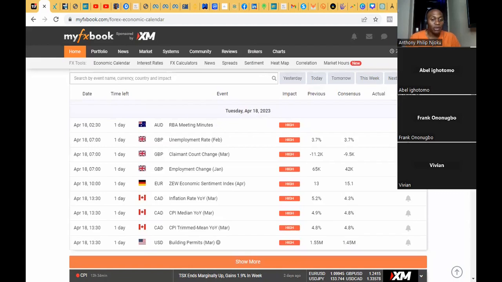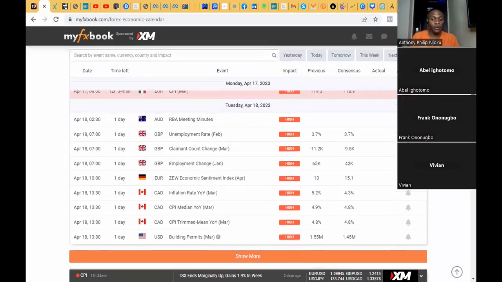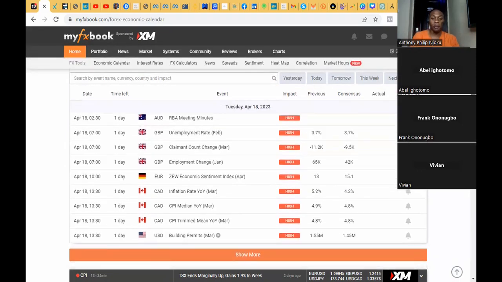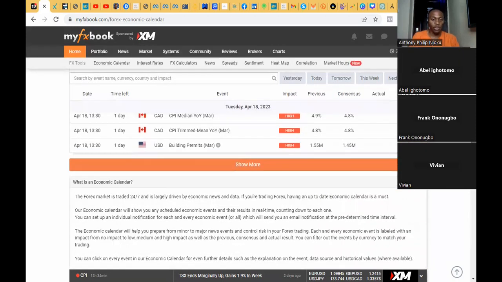Then we have high impact news by 1:30 on CAD and 1:30 on dollar. That is on Tuesday, which has high chances of giving the market the sell pressure we need. That was on Tuesday by 1:30, New York session.